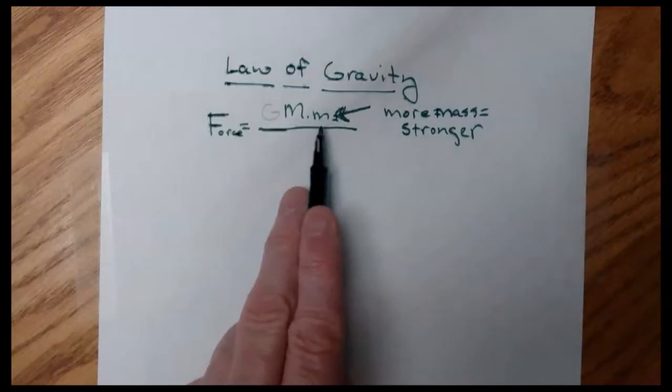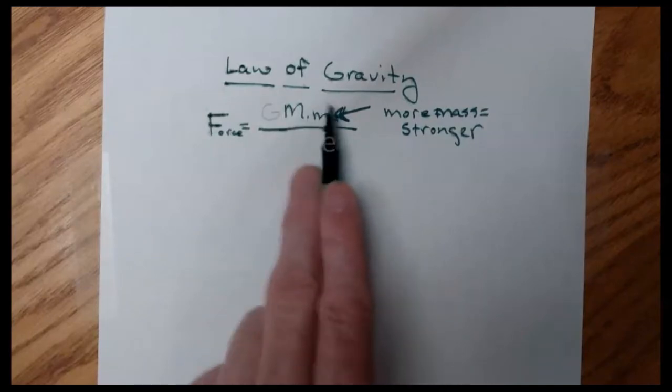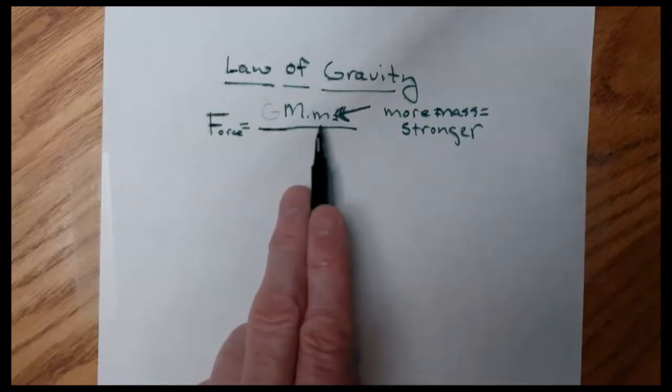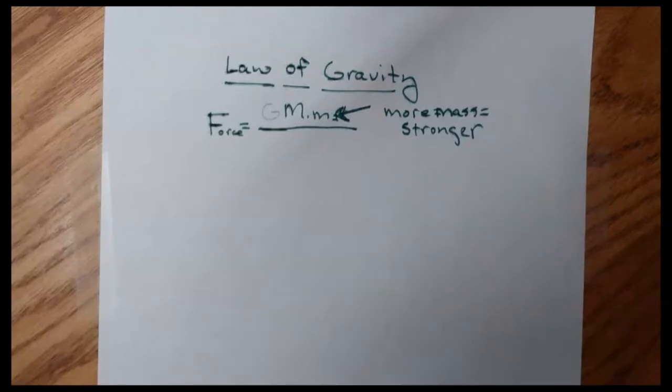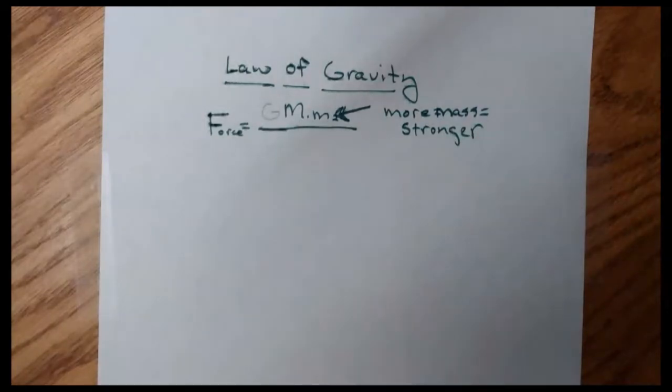Well, if a person weighs twice as much, you'd have the mass of the earth times the mass of that lighter person or a heavier person. The heavier person's going to weigh more. They get pulled toward the earth with more force, right? So it's a product of the two masses.